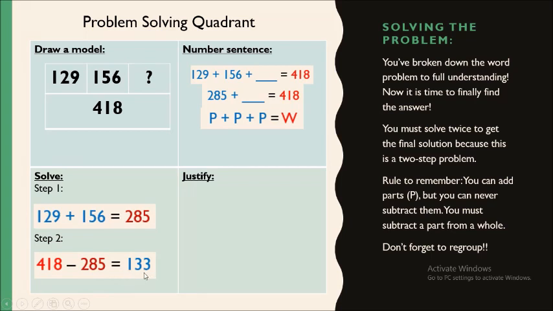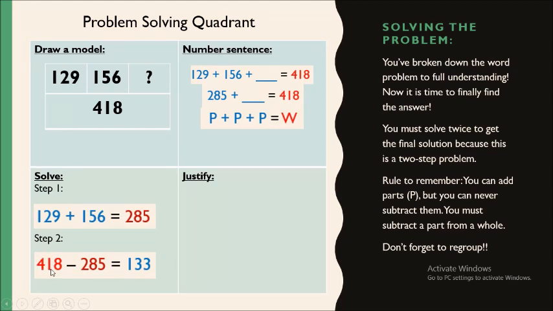If you regrouped correctly, you will know that 8 minus 5 would equal 3 in the ones place. You cannot take away 8 from 1, so you would have to regroup a flat and add it to your tens place, which would make a 1 and 11, and your next door neighbor a 3.